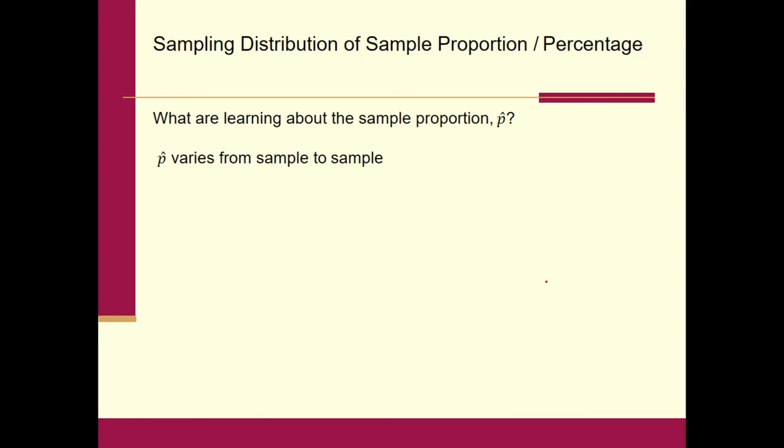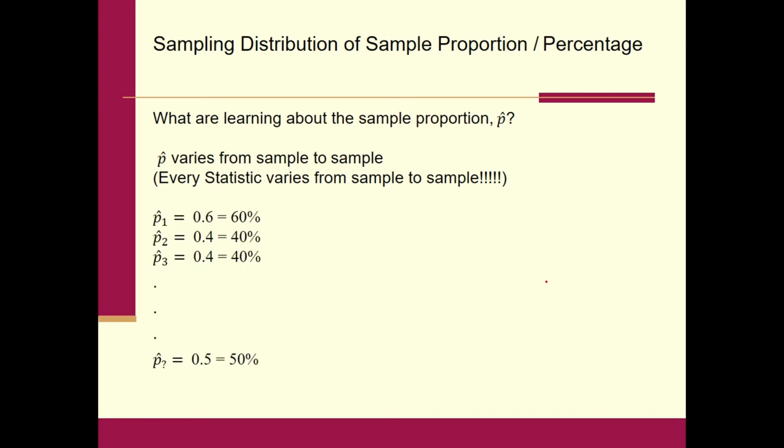So the time it takes you to get to campus or an individual's weight at any given time, that varies from person to person. However, with p hat, we're not talking about varying from person to person. P hat actually varies from sample to sample. Every statistic varies from sample to sample. And that's what we're studying, how these statistics vary from sample to sample. That's what we're going to be studying in this chapter.